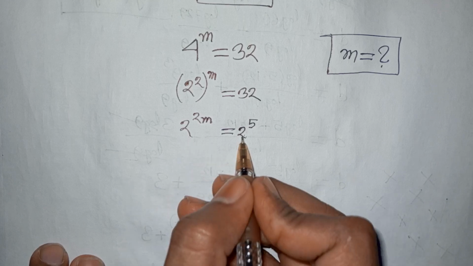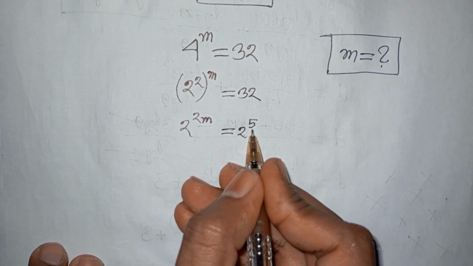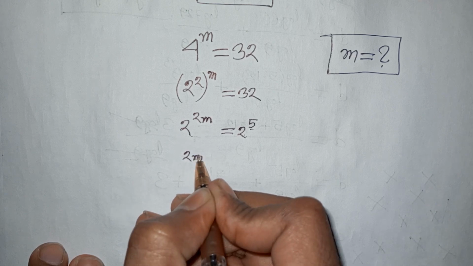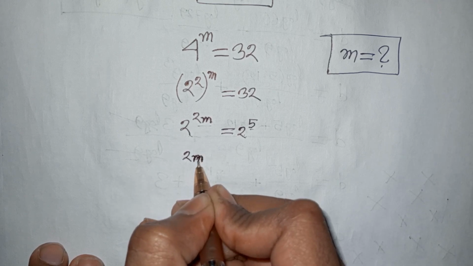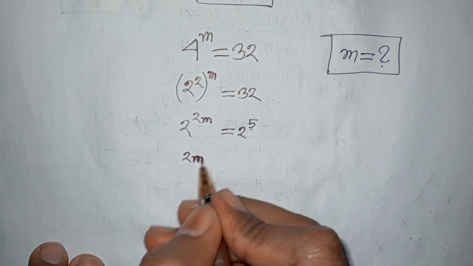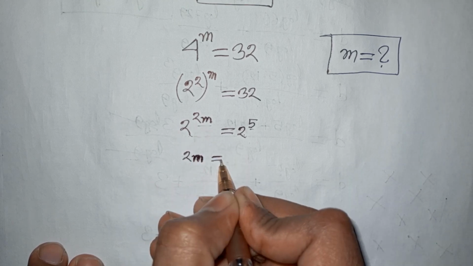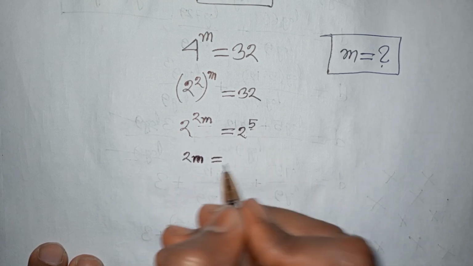Same base, so 2 will be cancelled, so power will be equal to power. That means 2m is equal to 5.